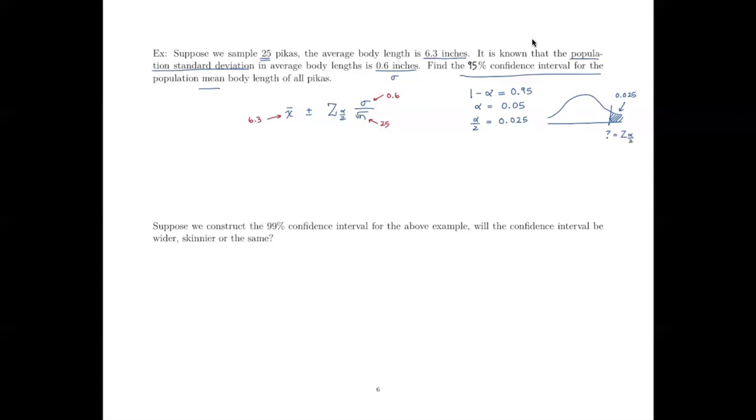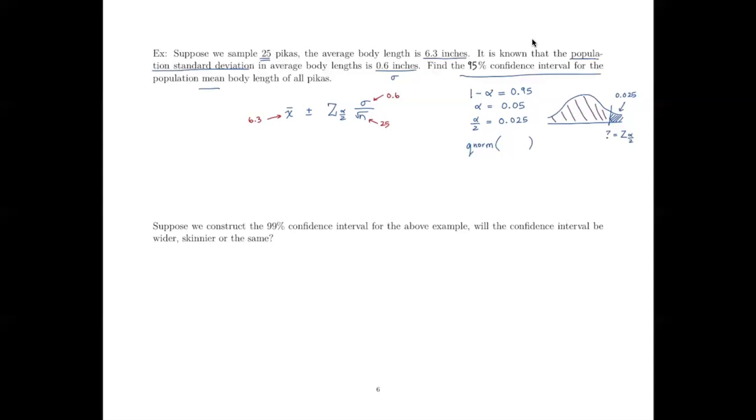Now we have a function, qnorm, that we plug into R that will spit out what that critical value is. The tricky part is it likes the area to the left, not the area to the right. So this area to the left, if I wanted to work that out, I know the area under the whole curve is 1.